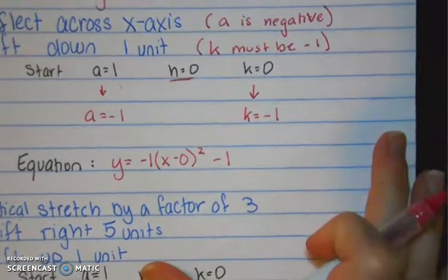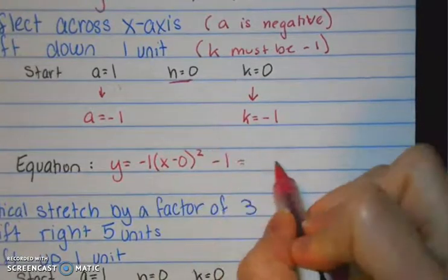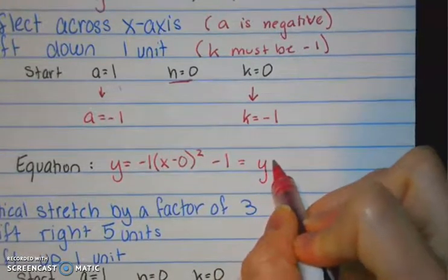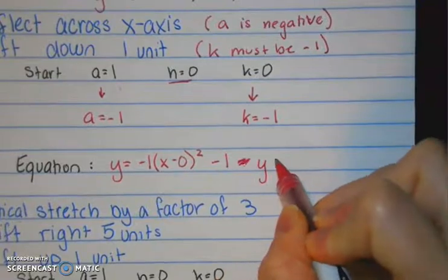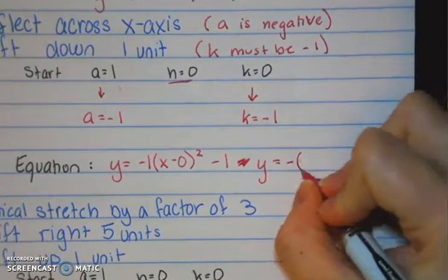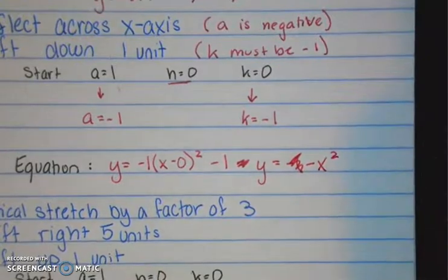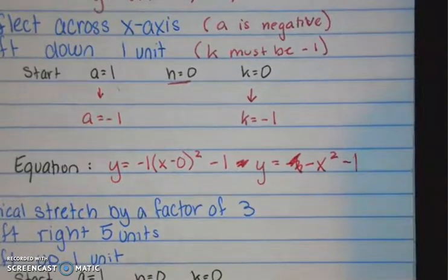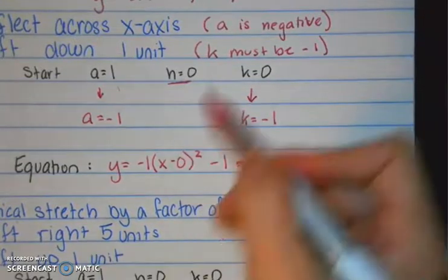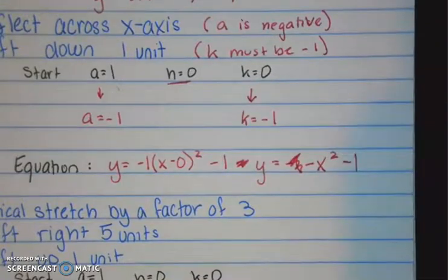So I'm going to change that coefficient. I'm just going to write the negative. So we're going to rewrite that as y equals negative x squared, because x minus 0 is just x, minus 1. And we have now written an equation in vertex form using the transformations.